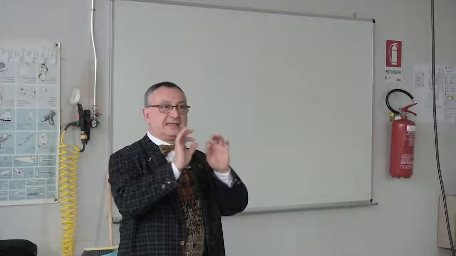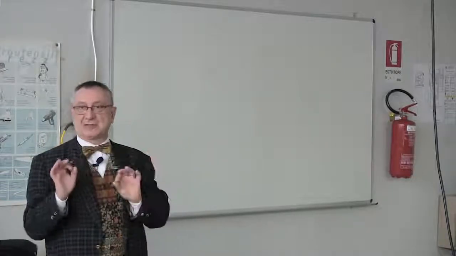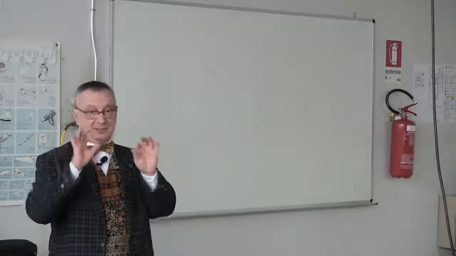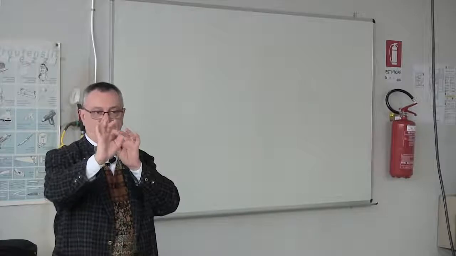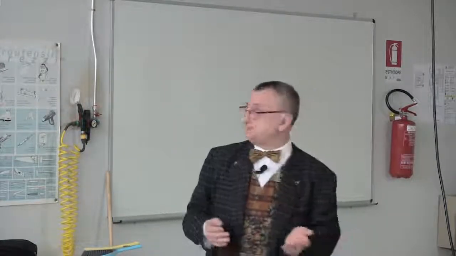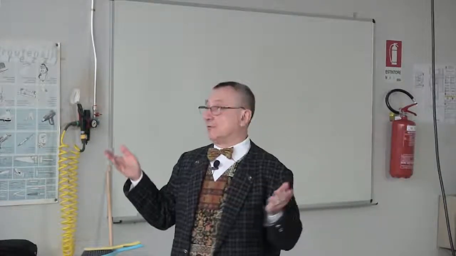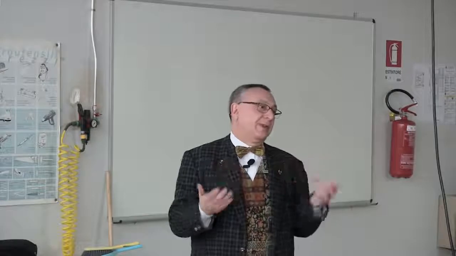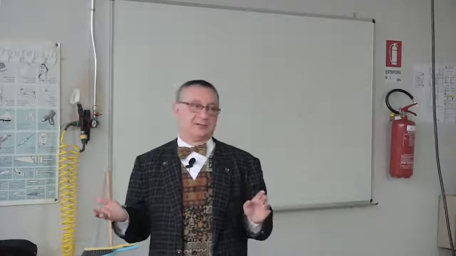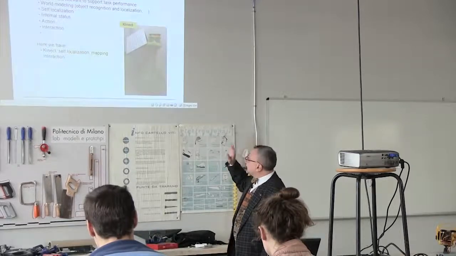So it gives the distance of each pixel. Instead of having pixels with colors, you have pixels with a distance. So at each position, you have a distance. And this is a product that is very cheap. And it is used for gaming, so it's not made for robots, although many people are using that product for robots.